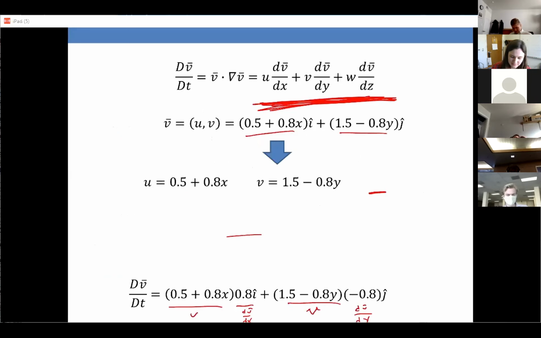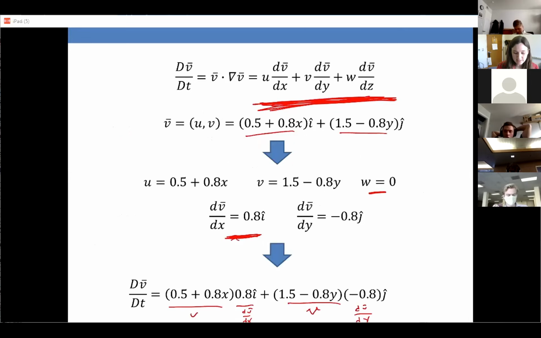In this case, we all agreed that the derivative dv dx is a vector. And so when you plug that into that dot product we got below, you get a vector out.